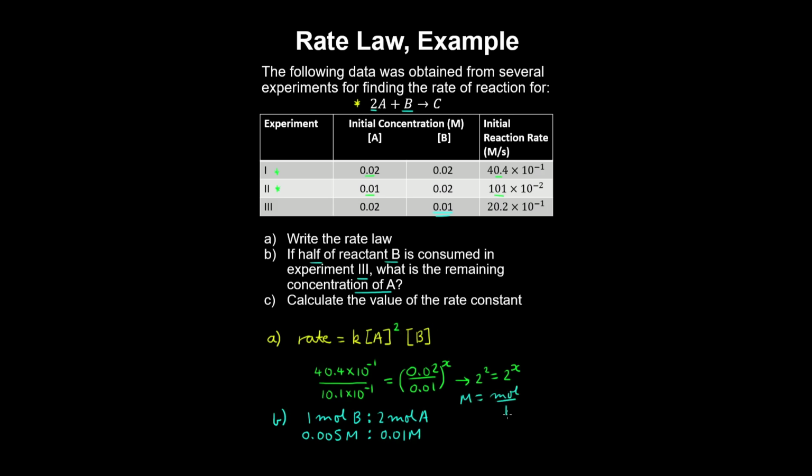So therefore the remaining concentration of A is obtained by subtracting this concentration from the initial concentration.